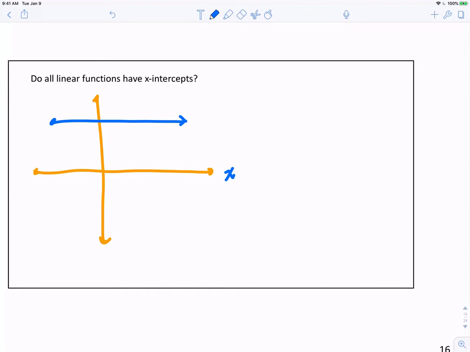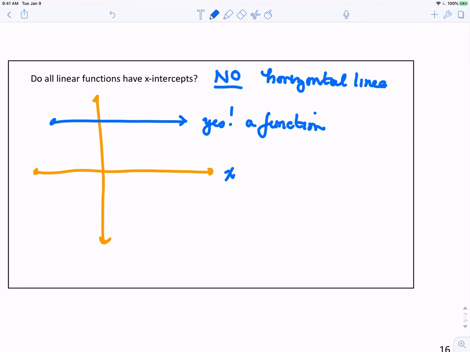And is this horizontal line a function? Yes, it is. So in answer to the question, do all linear functions have x-intercepts? The answer is no. Horizontal linear functions that aren't the x-axis do not have an x-intercept.